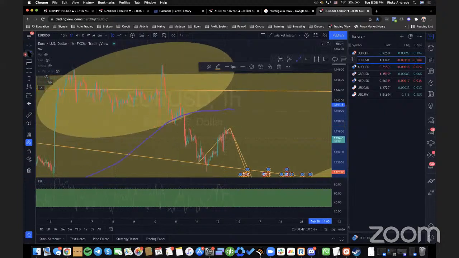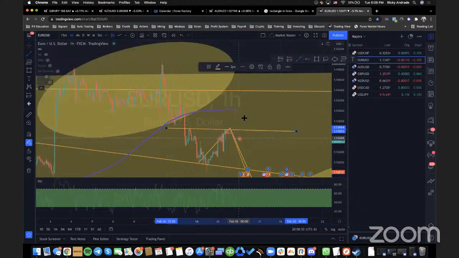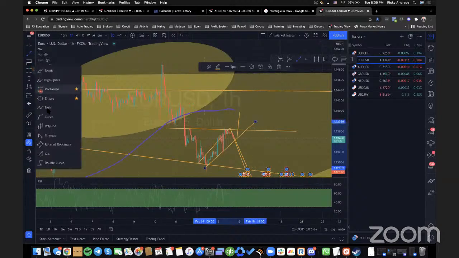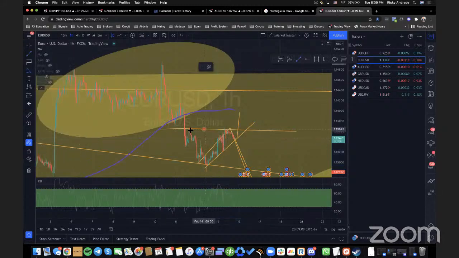Okay, so if it breaks above this resistance right here, then it's most likely going to go into this uptrend. If I track this down, so this is trapped into a triangle right here. Also looks like an inverted head and shoulders there.